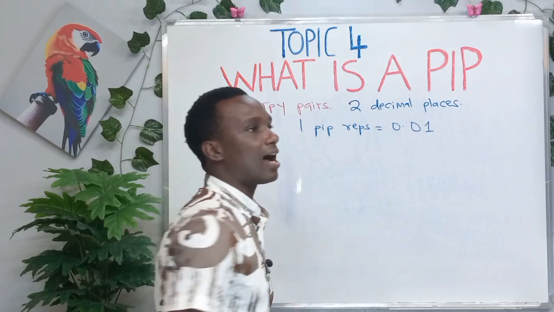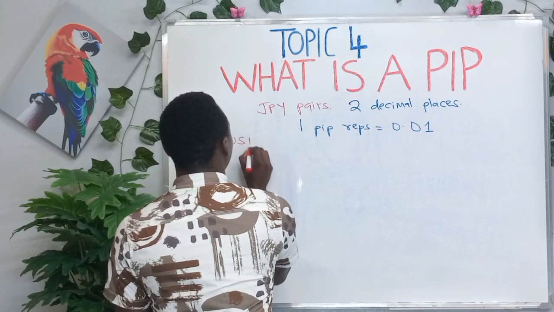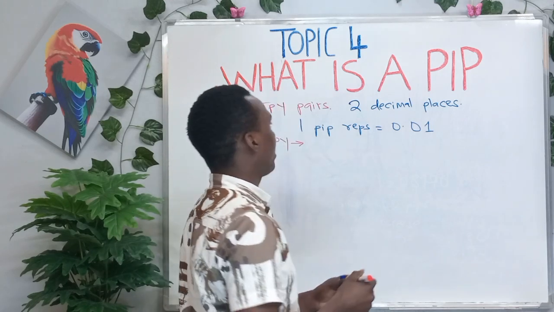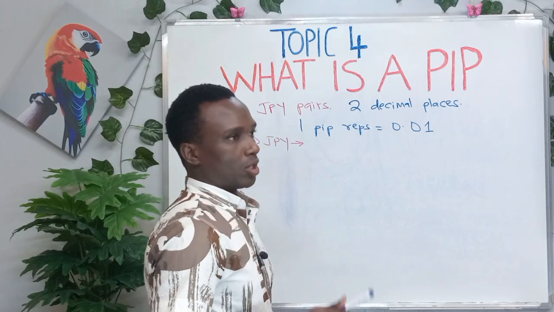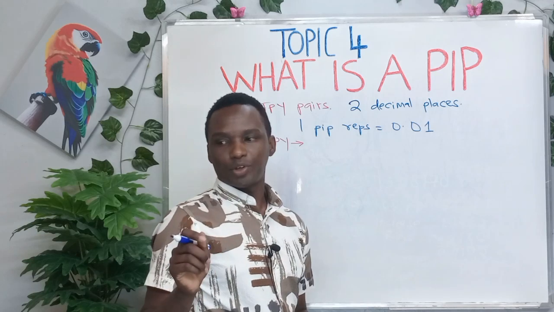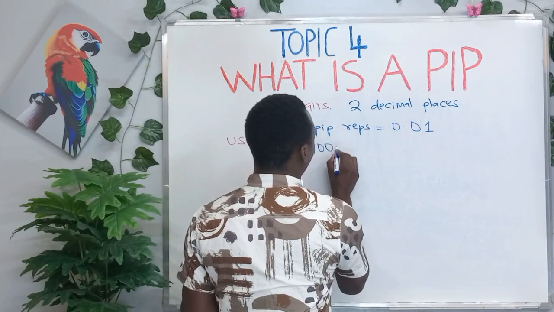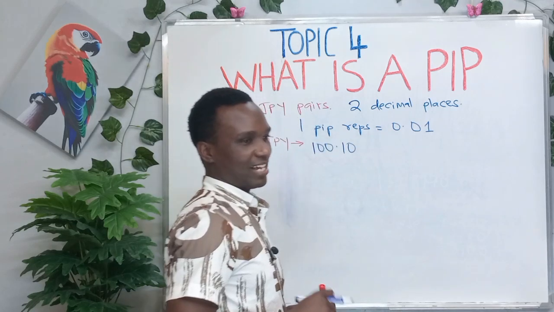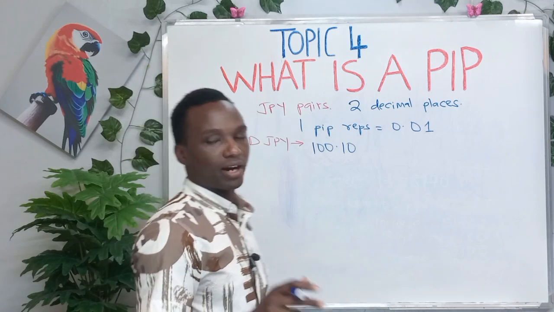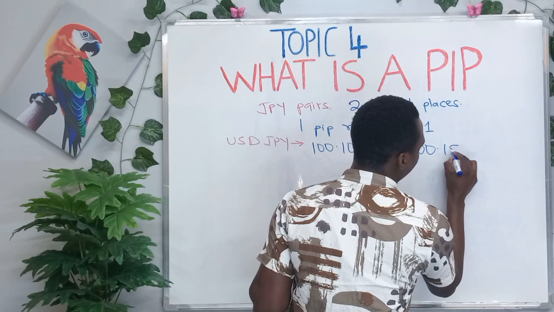Let us take an example of USD/JPY. This is a very popular currency pair to trade. What is the price right now of USD/JPY? 100.10. Let us say that this price appreciates and moves to 100.15.